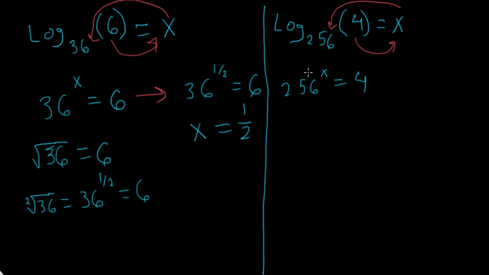So what root do we need to do to get from 256 to 4? Well, we know it's a root of some kind. We'd say 4 to the 4th power equals 256. So the 4th root of 256 is equal to 4, which means that 256 to the 1/4 power is equal to 4, which means that x is equal to 1/4.